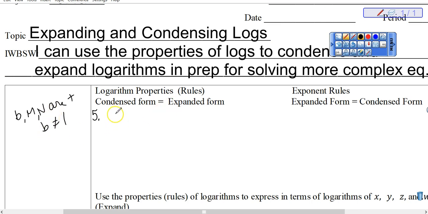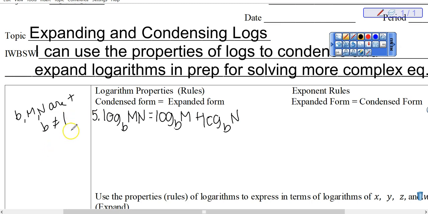So if we have log base b of m times n, that's basically a condensed logarithm. There's two arguments here, m and n, but they're being combined. If I want to expand that out, I'm going to do the log base b of m plus the log base b of n.